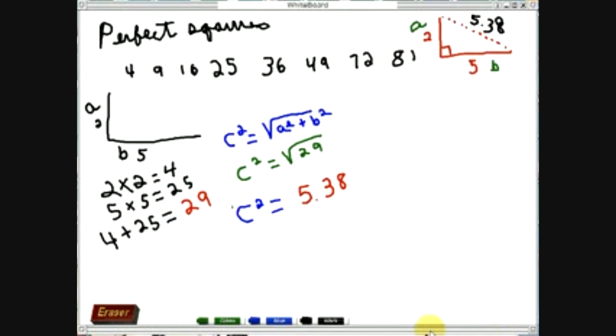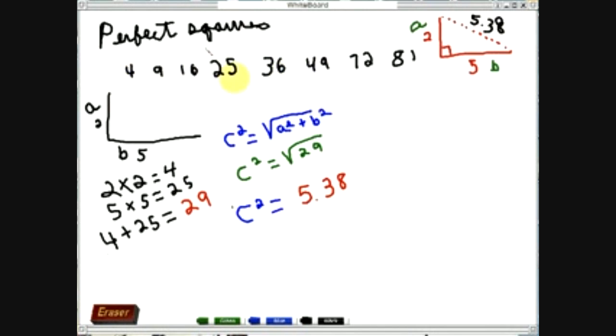Having said that, we're just going to do a quick review. What we did, we took A squared, 2 times 2 to get 4, B squared, 5 times 5 to get 25, and we added 4 plus 25 to get 29. We look at 29 and we say that it's in between 25 and 36.